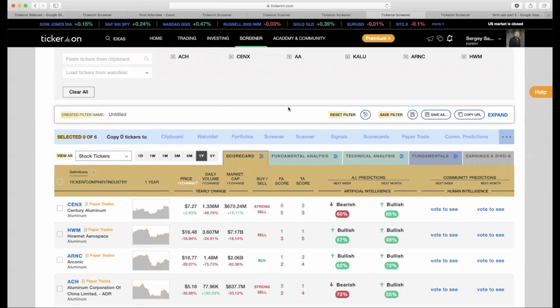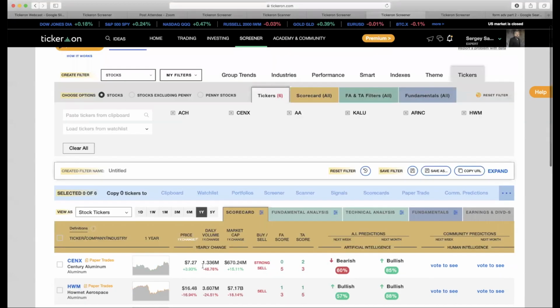When Nikola was 80-ish, $90-ish, the borrow fee was, I think, 90%, something crazy like that. So you've got to keep in mind that takes out of your profit. Same with Snowflake right now: crazy borrow fee, crazy volatility on the options, stuff like that. So keep that in mind if you're shorting stocks.